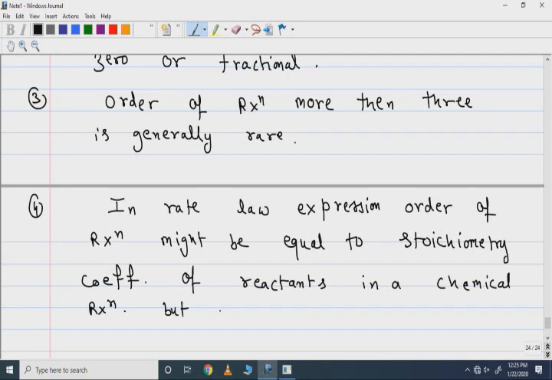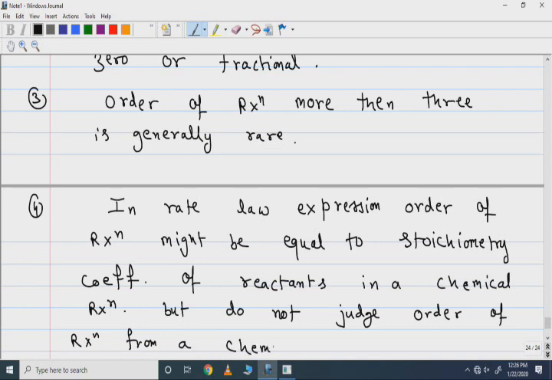But do not judge order of reaction from a chemical reaction. Okay, copy.